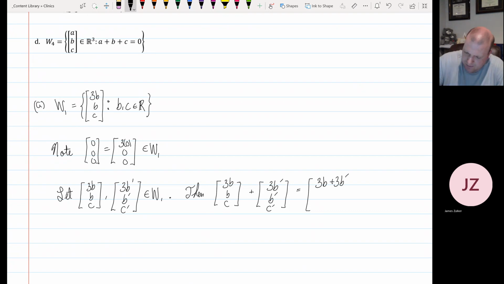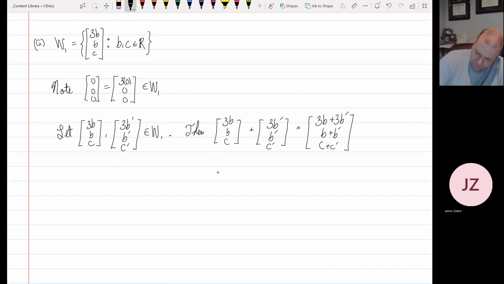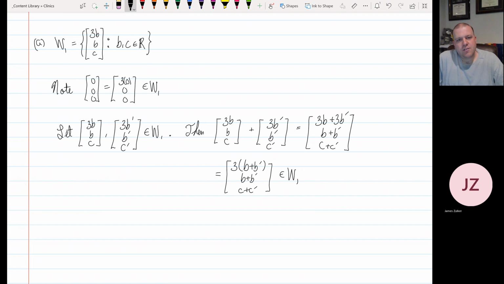We get (3b plus 3b', b plus b', and then c plus c'). But we can factor out a 3 from the first component. And now that matches the form for W1. So that's in W1.